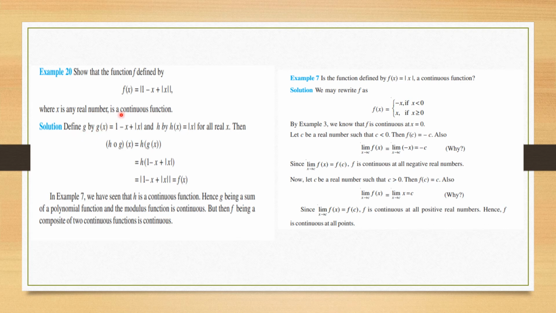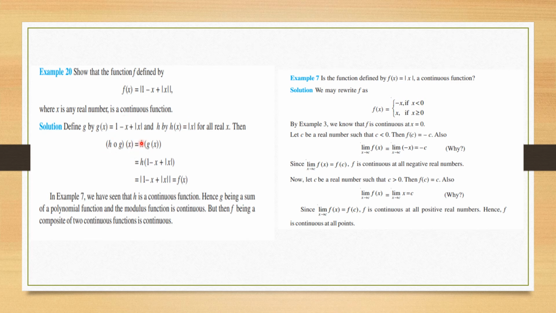So define g by g of x, the inside function. The outside function is mod of x, which I take as h of x, and the thing inside this mod, that is 1 minus x plus mod of x, is g of x for real number x. Then I define it as h o g.